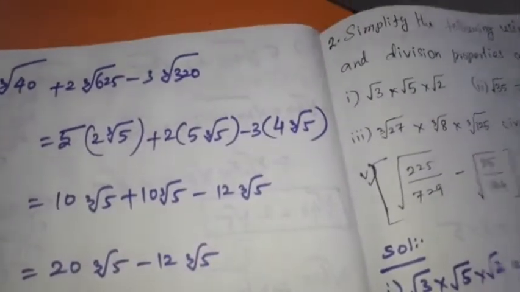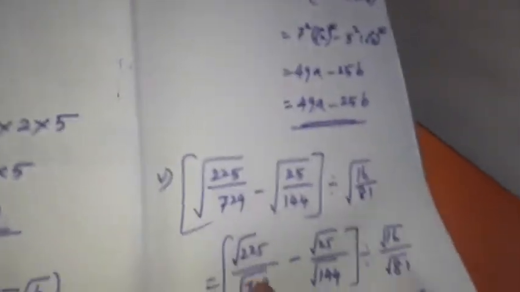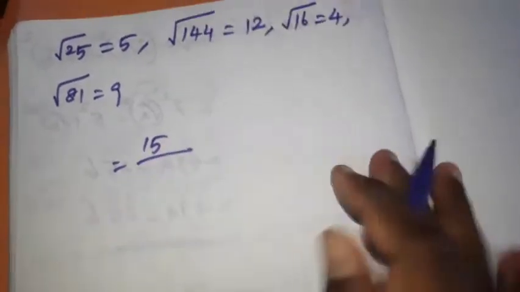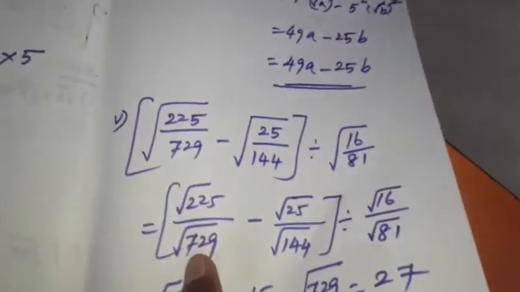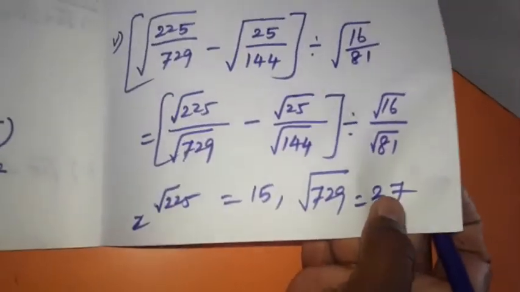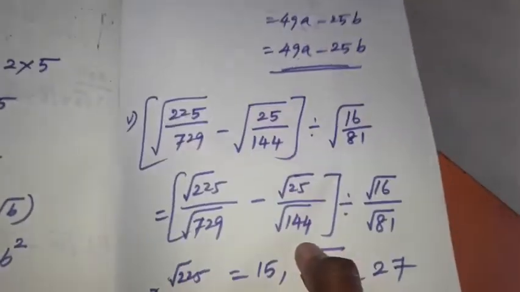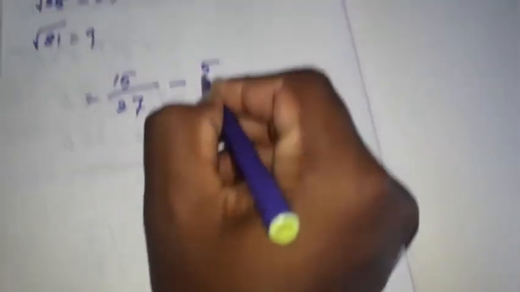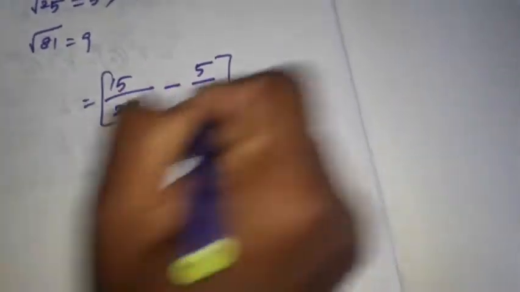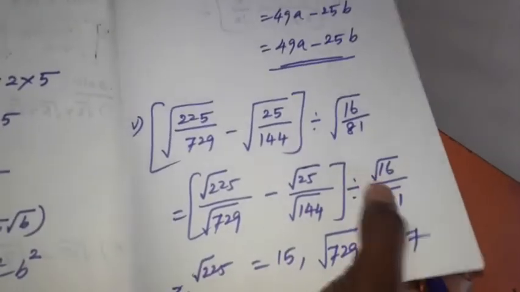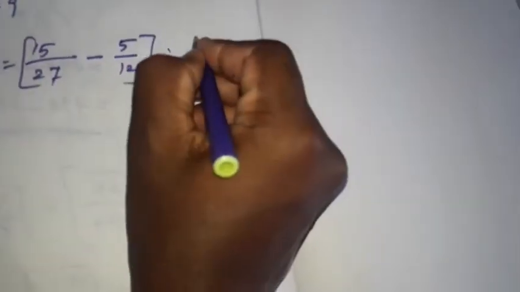Now substituting. Root 225 means 15 divided by root 729, which is 27, minus root 25 by root 144, which is 5 by 12, whole divided by root 16 by root 81, which is 4 by 9.